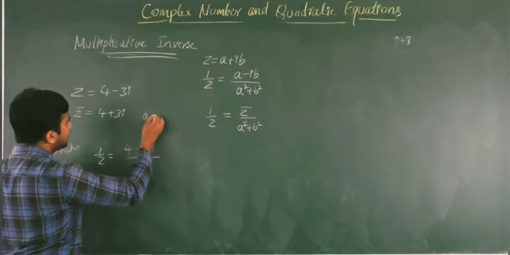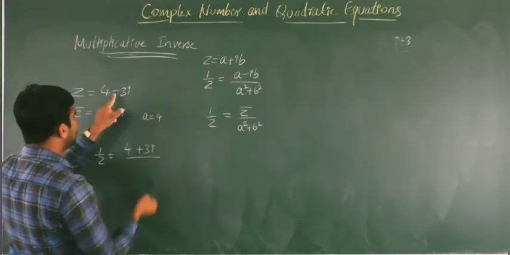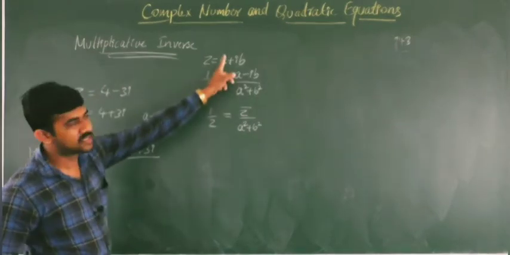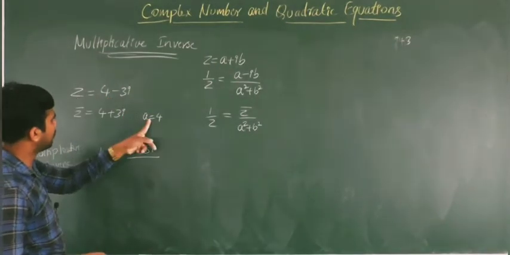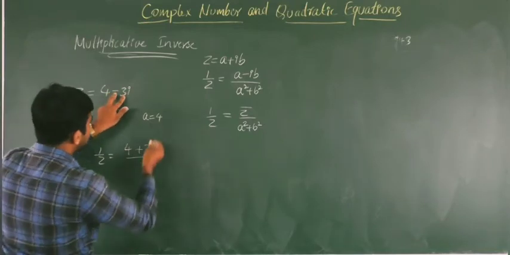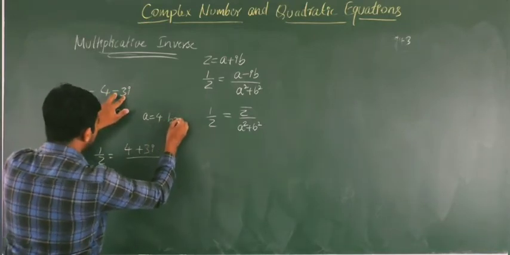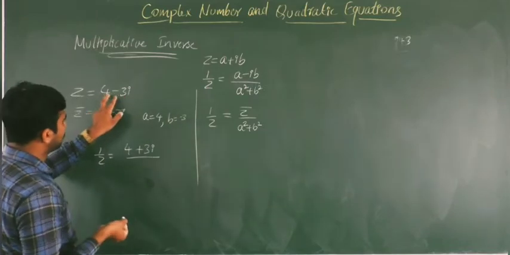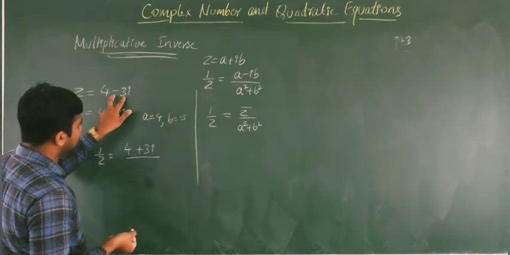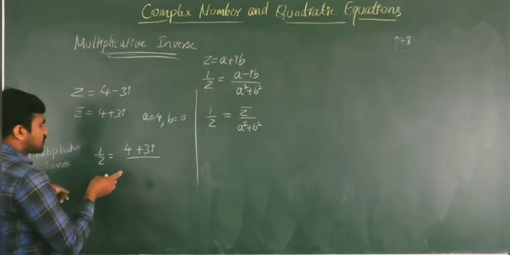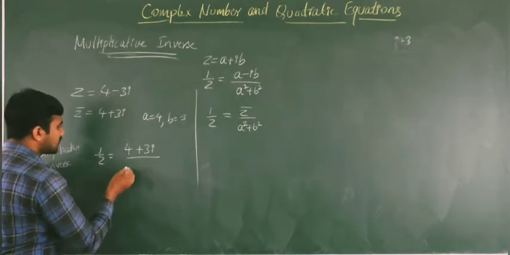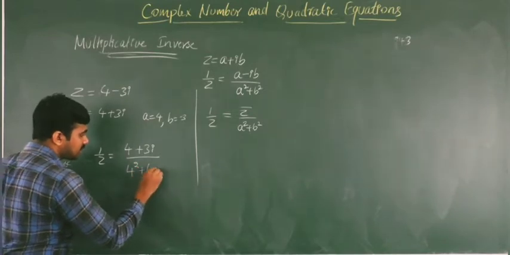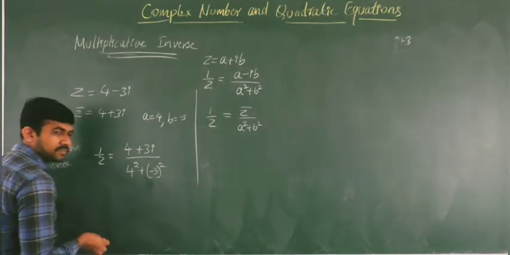What is a? It is in the form a plus ib. a is nothing but 4, b is nothing but the coefficient of i, that is nothing but minus 3. So a square plus b square, a is 4 square plus b square means minus 3 square.